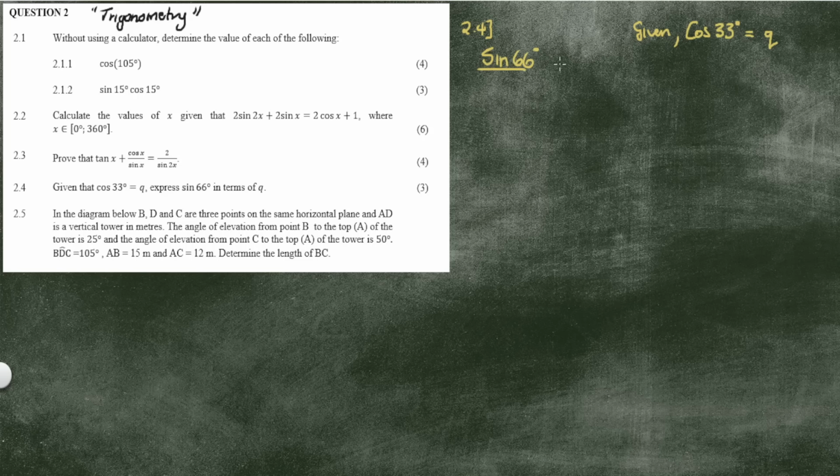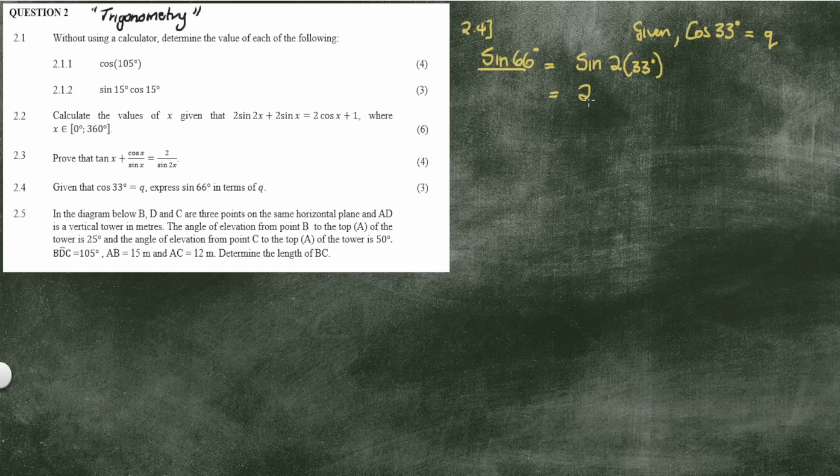It means that I need to find a way to rewrite sine 66 in terms of cos 33 so that I can write it in terms of q. So I need to take this sine 66. 33 multiplied by 2 gives me 66, so it means that I'm dealing with a double angle. So sine 66 can be written as sine of 2 times 33 degrees.